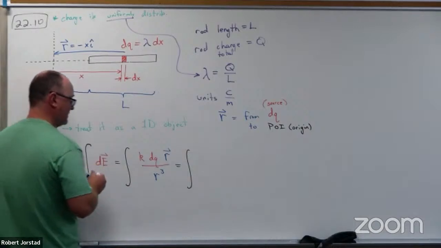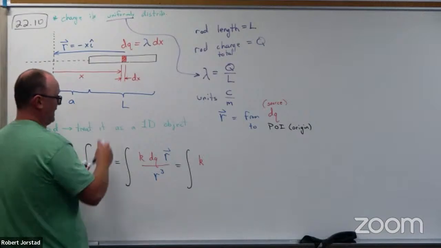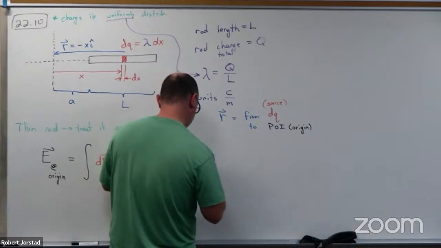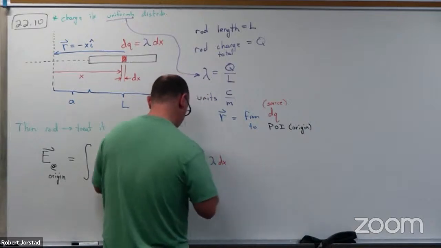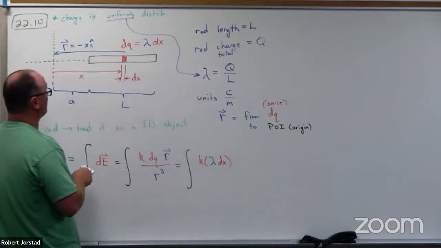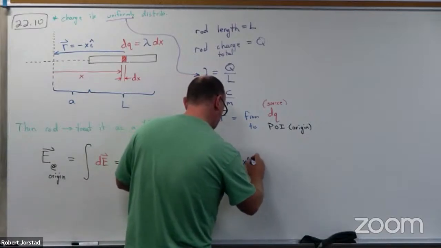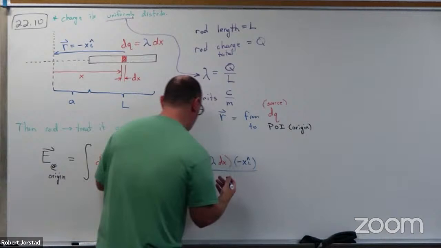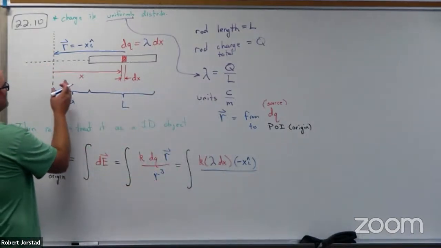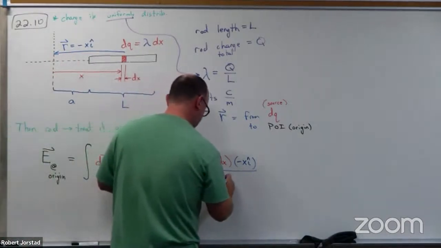I'm going to have a K. DQ was lambda dx. That's my DQ. My R vector was negative X in the I hat. My R magnitude would be X. So the distance is X, but the R vector is negative X I hat.